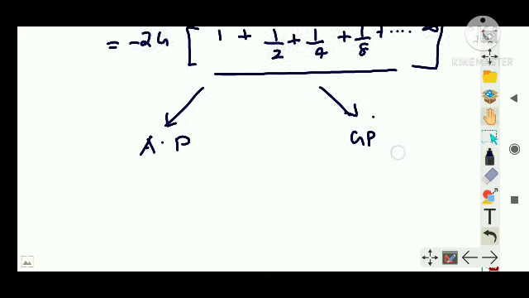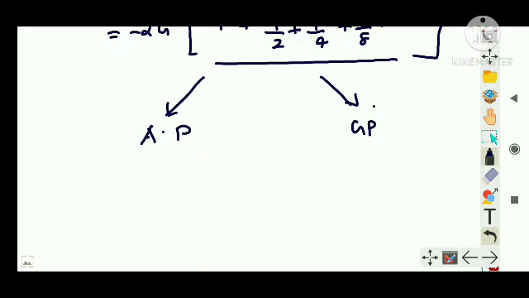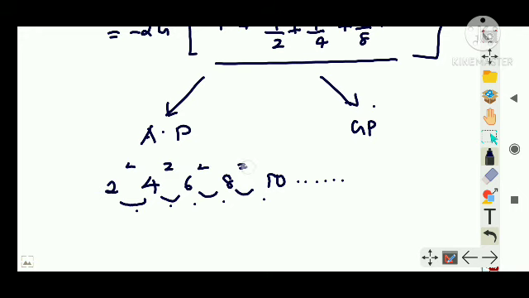See, an arithmetic progression, suppose I say a series like this, 2, 4, 6, 8, 10. This is an arithmetic progression. Why? They have a common difference. The difference here is 2, here 2, here 2, here 2. This is an example of arithmetic progression. Progression means it goes on.